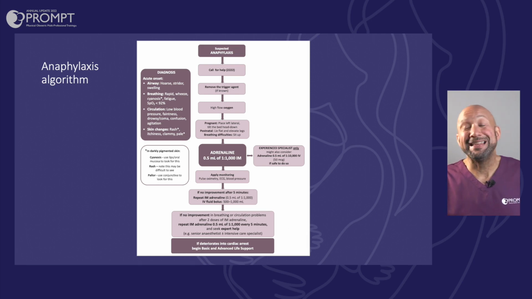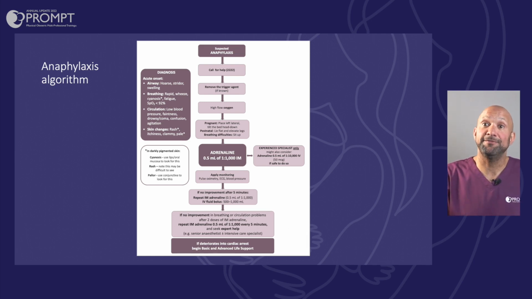Now, some anaesthetists may choose to give a very small dose of intravenous adrenaline, something like 50 micrograms. However, the latest guidance really is emphasising the importance of IM adrenaline first, and then reassessing. And if there are still ongoing problems with airway, breathing or circulation, such as hypotension, after 5 minutes, giving a second dose of IM adrenaline.